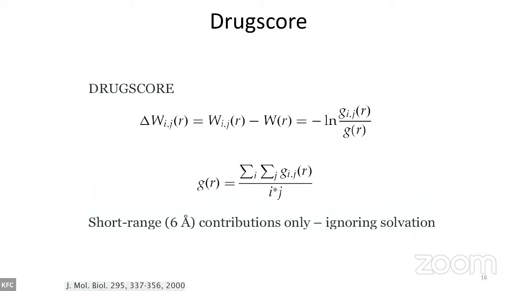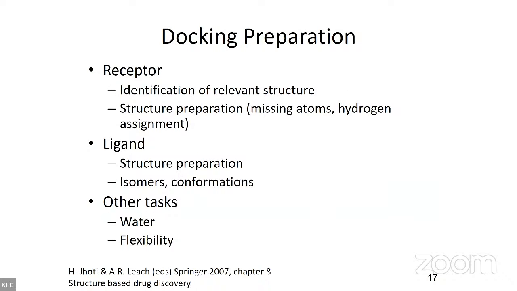So those were all different types of the scoring functions. Nowadays, of course, those scoring functions are tuned by machine learning and by steps like that. But in general, originally they came out like this. And I'll come to that later on when I'll be speaking about the quality of the scoring functions.